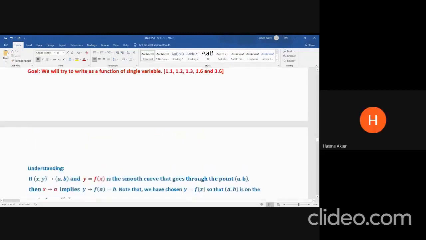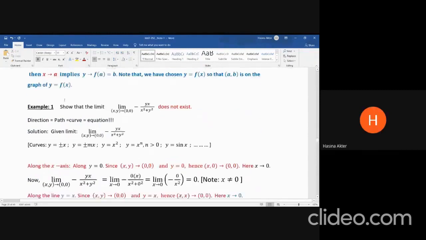Yes, miss. So now, as we agreed, for example, show that the limit does not exist. It will be enough for us to find two directions or two smooth curves, two equations that go through the origin, because (x, y) approaches the origin, so that along those curves this limit must be different to say no. Are you good?